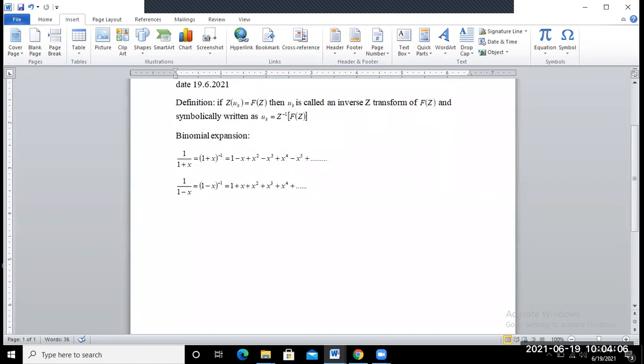So let's solve one problem based on this binomial expansion.